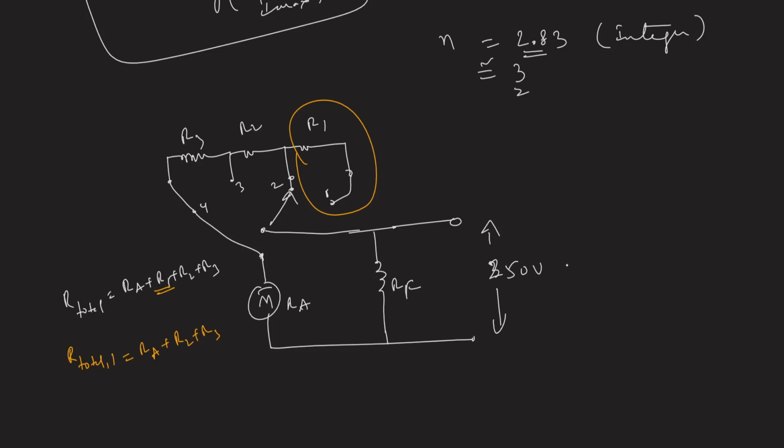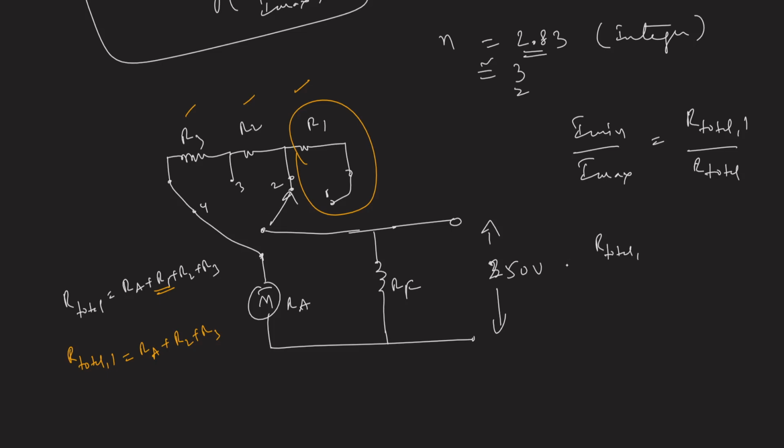I want to find out the sectional resistances R1, R2 and R3. How do I find out R1? I minimum by I maximum is equal to R total comma 1 by R total. So from this, can you find R total comma 1?